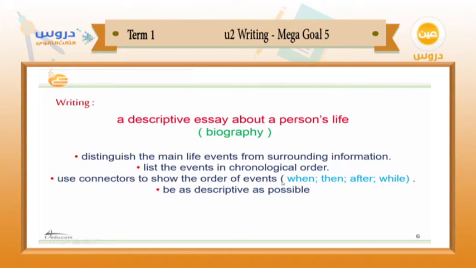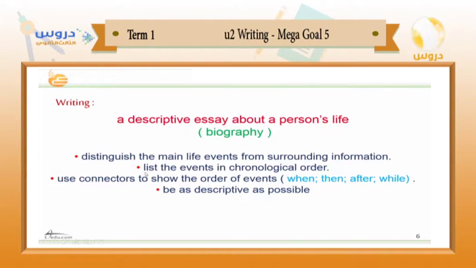So for Jeffrey, we will focus on his childhood, his work, his career, and how he ended up becoming a billionaire. So distinguish the main life events from surrounding information. You have to list these events.